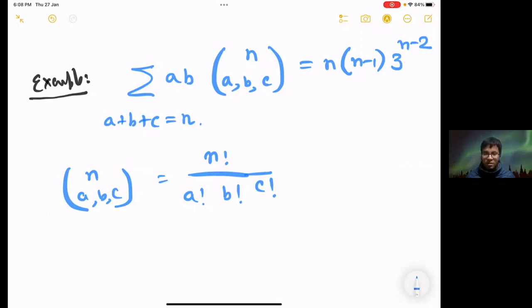So you allot a students, b students, c students, and from the a students you choose a special student, and from the b students you choose a special student. Otherwise, you have n choices for the first house captain, n minus 1 choices for the second house captain, and 3 to the n minus 2 to allot the other students to houses.